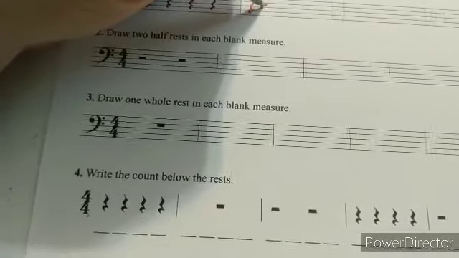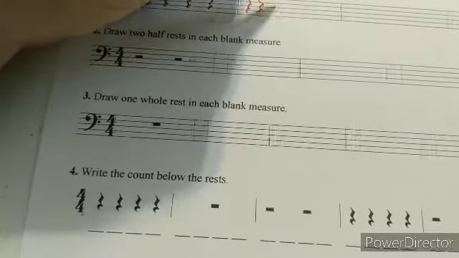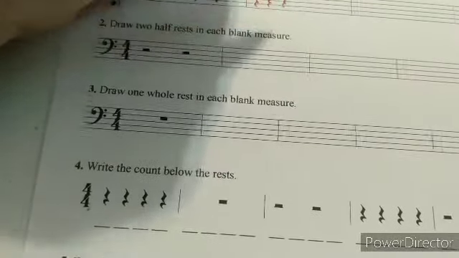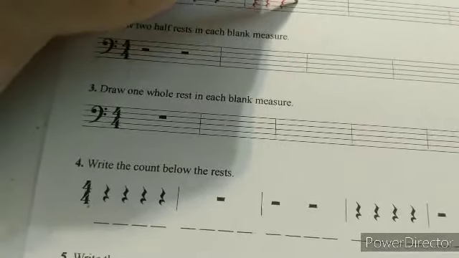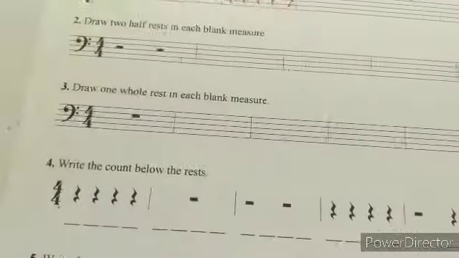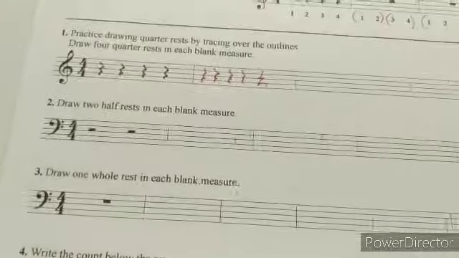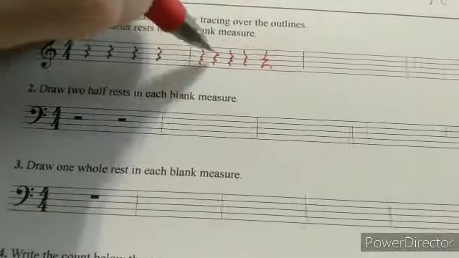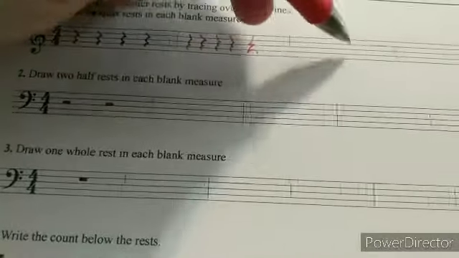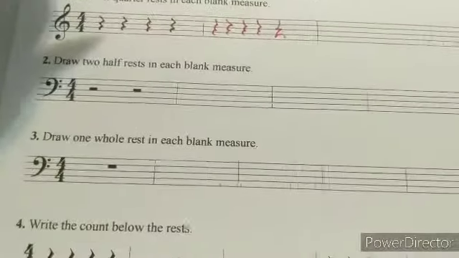If they're ugly, don't feel too bad about them, because I don't draw them much better. To be perfectly honest with you, when I draw a quarter rest, I draw it like that. But we're going to try to see if we can make it like they have shown us here. So we've got a couple more measures to do that in.